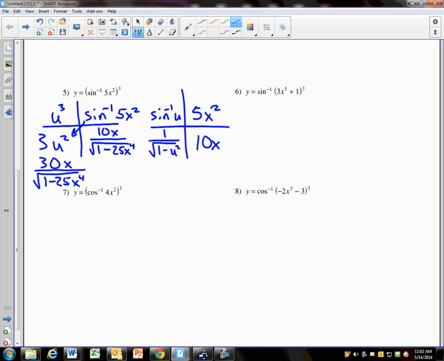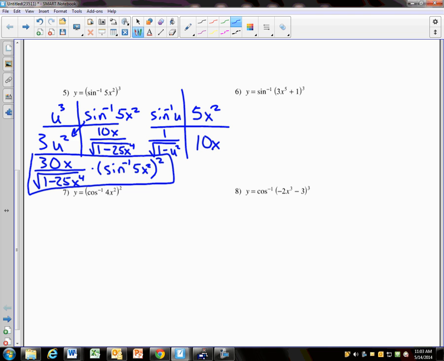So that's going to be times the quantity sine inverse of 5x squared, squared. No, plus C is for an antiderivative. This is a derivative. Yeah, you can put the sign on top if you want. That's it.